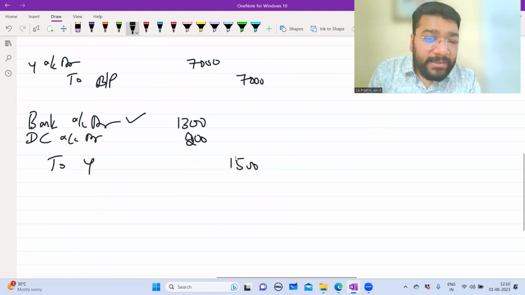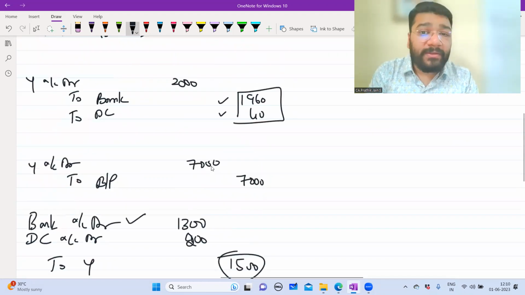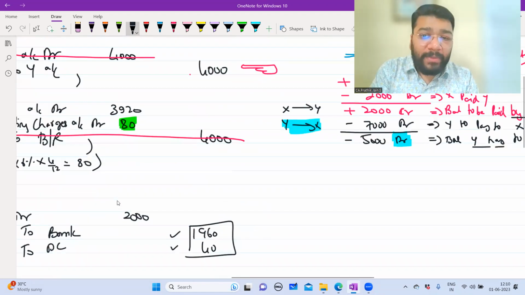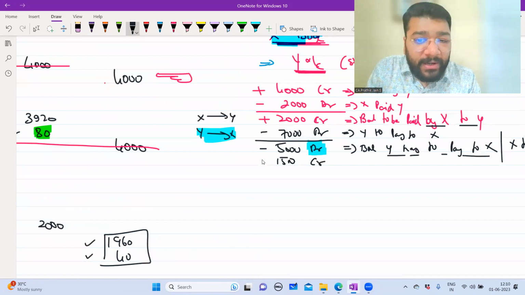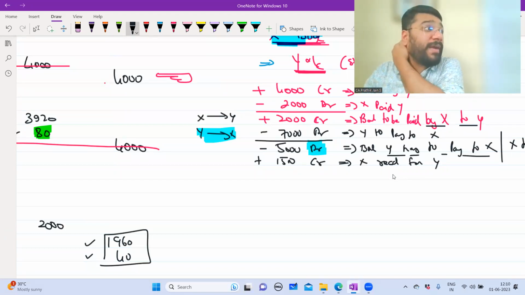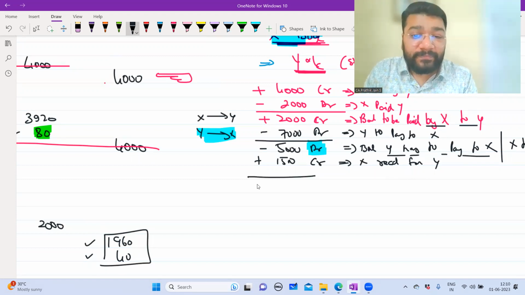Sir, 1,500 is given by Y to X. So X has received 1,500 from Y. So here Y is being credited. So can I come back to my statement, guys? Credit 1,500. This is what X received from Y. How much? 1,500. So how much balance X has to receive? Sir, balance 3,500 rupees.